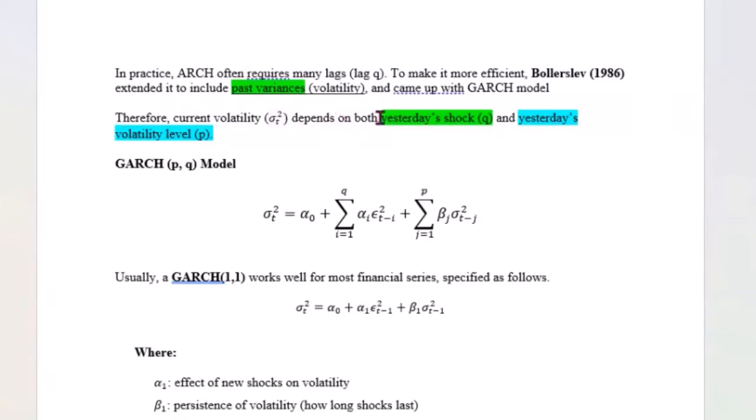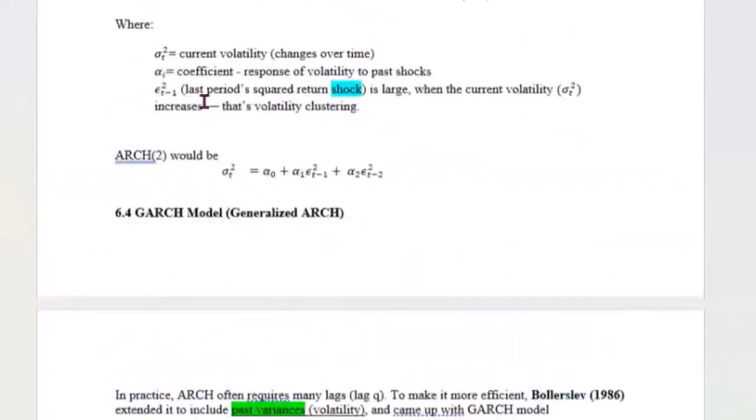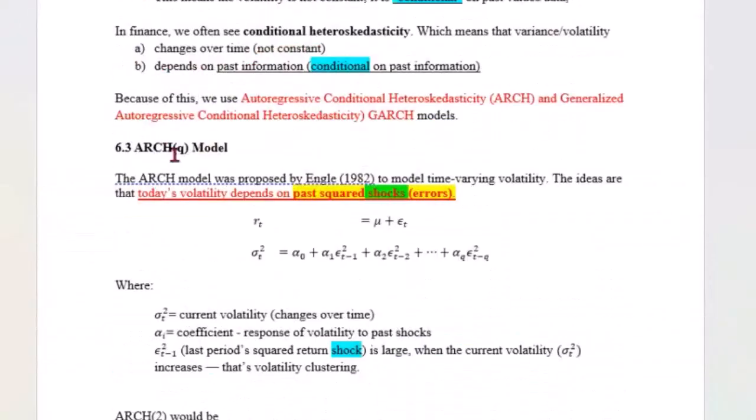Therefore, the current volatility depends on two things. One, it depends on yesterday's shock, and it also depends on yesterday's volatility. So this is our GARCH(P,Q) model. So if you look here, we had our ARCH(Q).